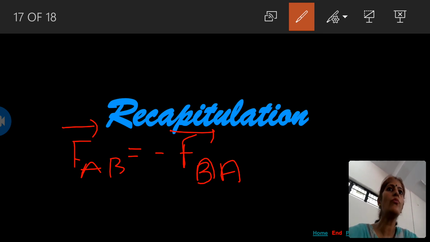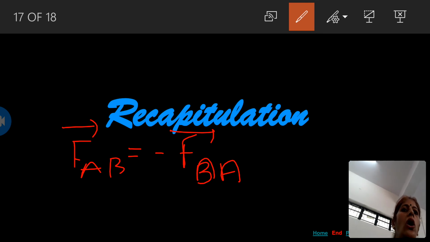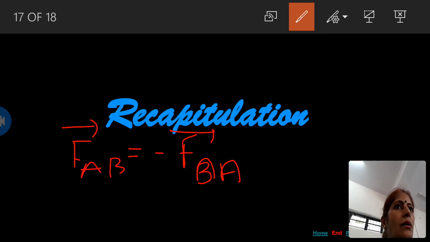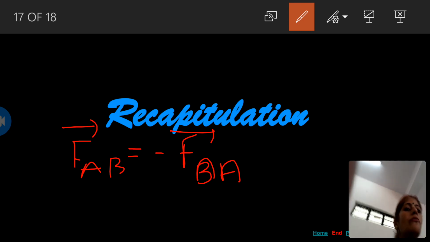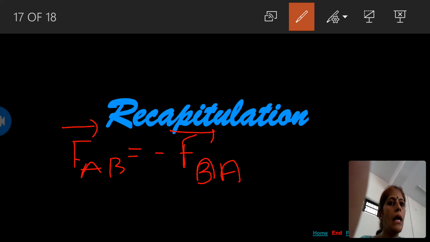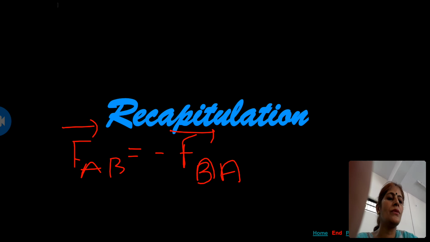And the last point is that the force of action and reaction may appear due to the actual physical contact between the two bodies, or even from a distance also, but they are always equal and opposite. So, this is what we have learned in this video lesson related to Newton's third law of motion.